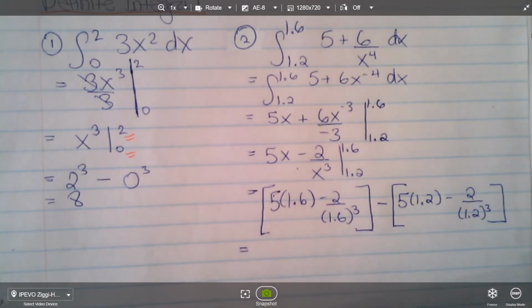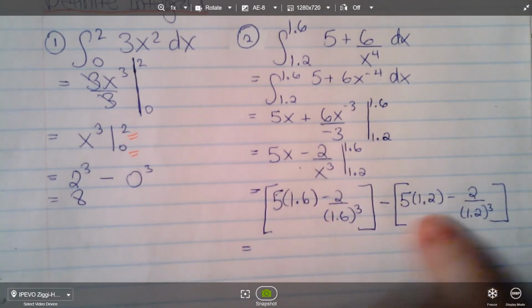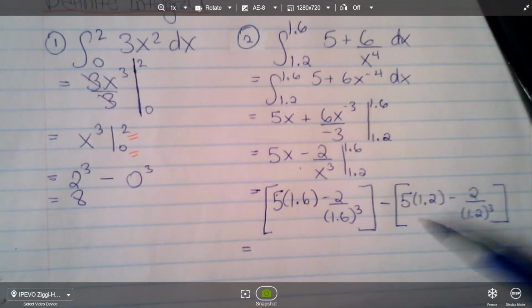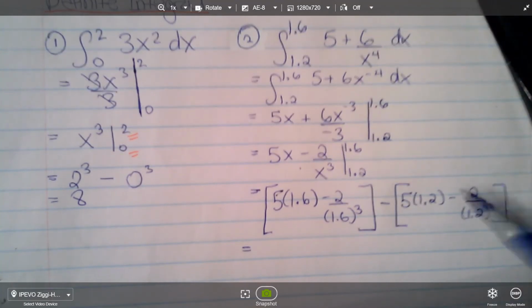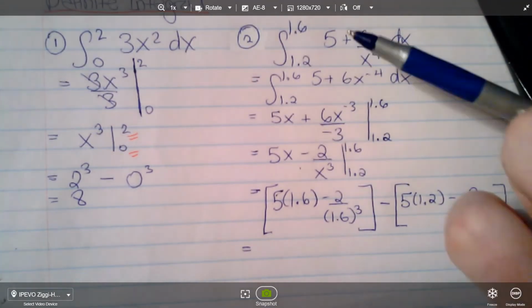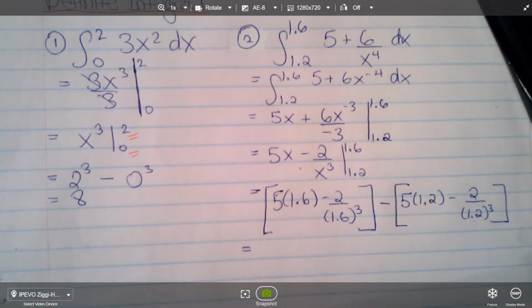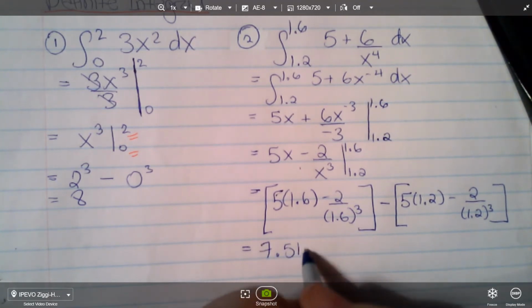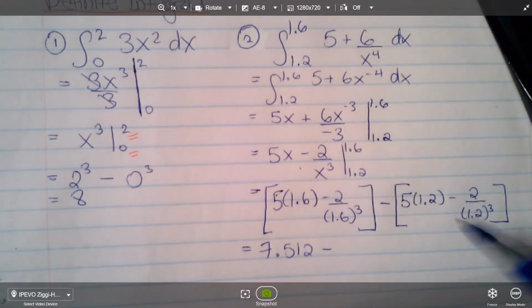So I do something like this, and then I evaluate each bracket and then subtract. Okay? That way I know I'm not making any mistakes with my order of operations, and I'm coming out with correct answers. So I'm going to evaluate the first one. And I'll do the second one as well.